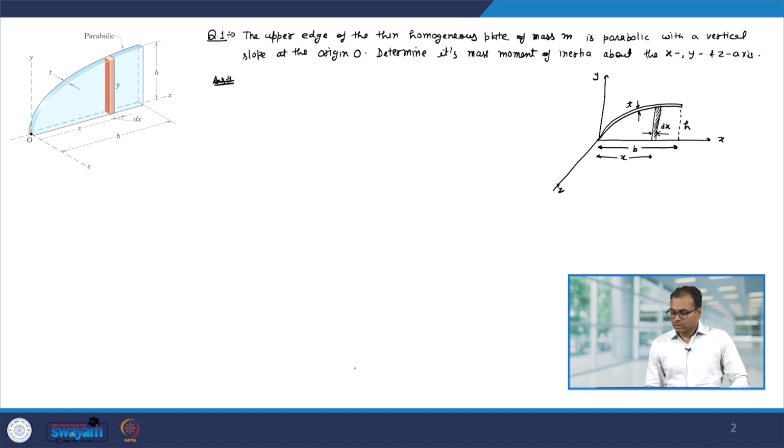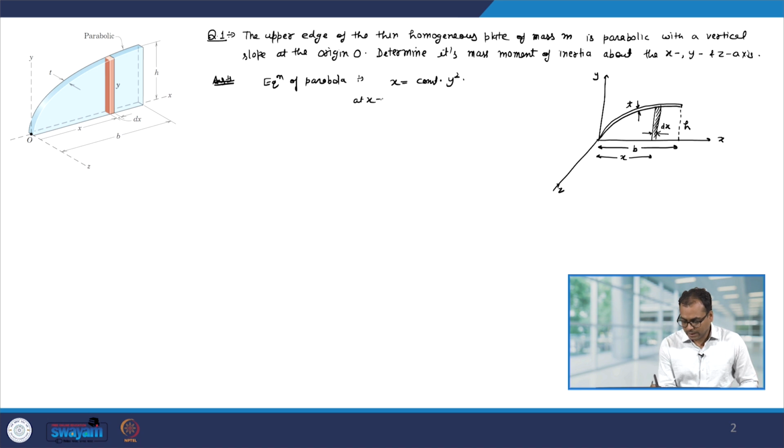Okay. So, because this is the equation of the parabola, we know how x varies as a function of y. So, this will be x equal to some constant times y square. Now, this constant we can find out from the boundary condition. It is given that if x is equal to b, then y becomes h.